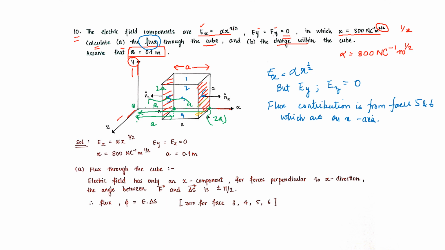So we will start solving this problem now. This is the given relation of the electric field passing through the surface. Ey and Ez are 0, and the value of alpha is given as 800 Newton per coulomb meter to the power half, and the value of a is given as 0.1 meter.